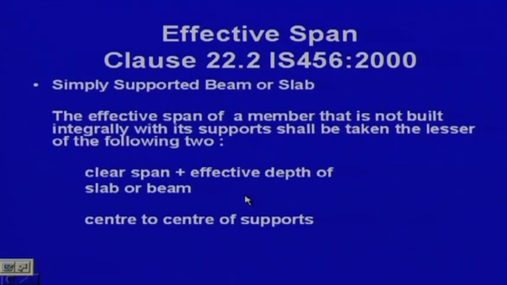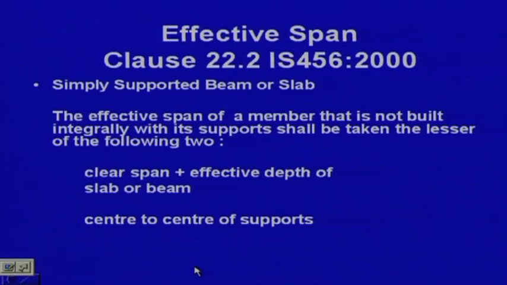We have to calculate the clear span plus effective depth of slab or beam, whichever case you are considering. In the next few days we shall design slabs, so we shall take the slab only. So, clear span plus effective depth of slab is one case. The other one is center to center of supports. Out of these two, whichever is minimum, we shall take as the effective span for that problem.